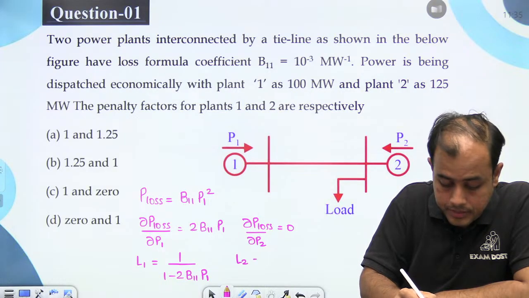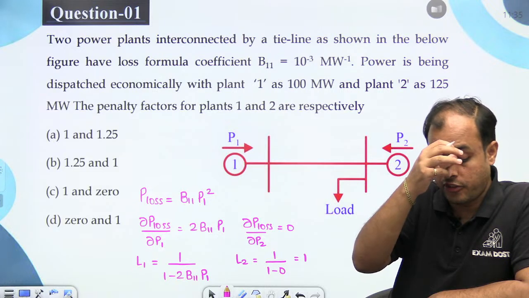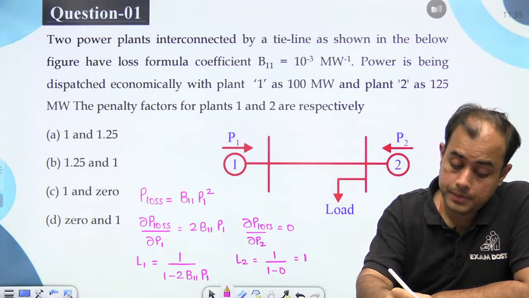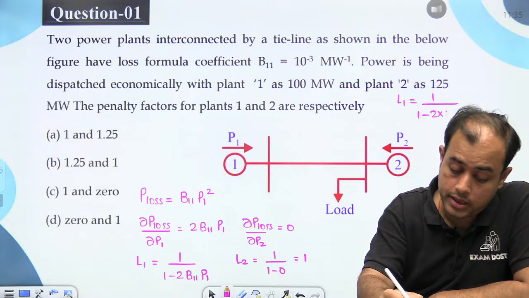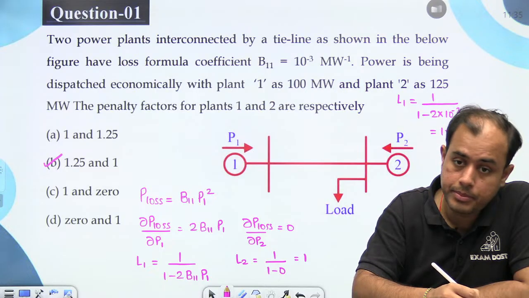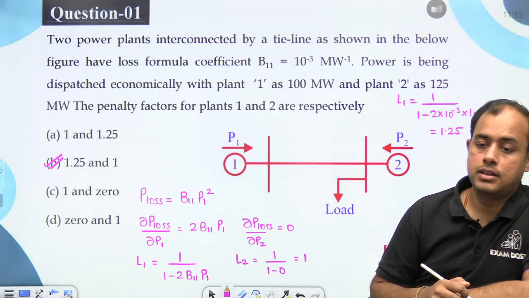So 1 by 1 minus 0... Now for the first one, 1 by 1 minus 2 into 10 to the power minus 3 into 100. So it will be 1.25. The answer will come out to be B.